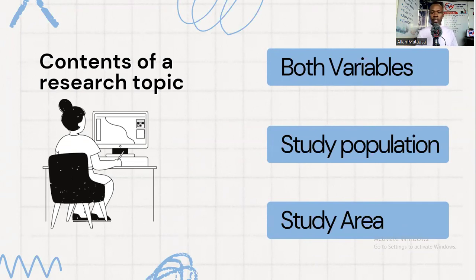For instance, in the topic that we've been dealing with, employee motivation, our study population is employees. It should also show our study area. You'll see that the topic that we have been using does not have a study area. So we need to be specific and say, maybe we are going to conduct this study in a specific company. Maybe we are going to conduct it at Coca-Cola Company Limited.